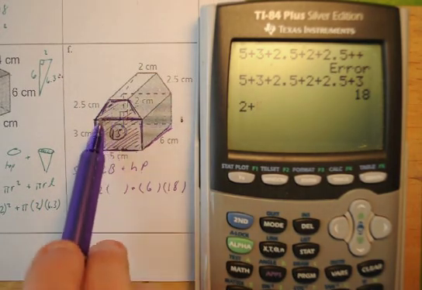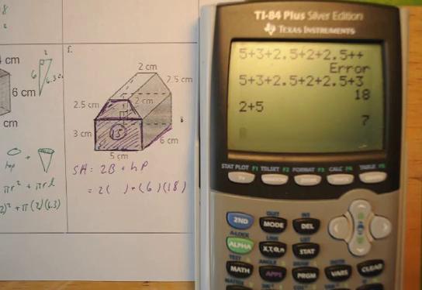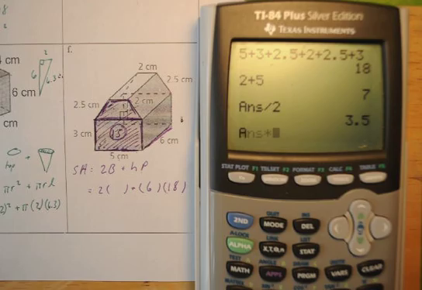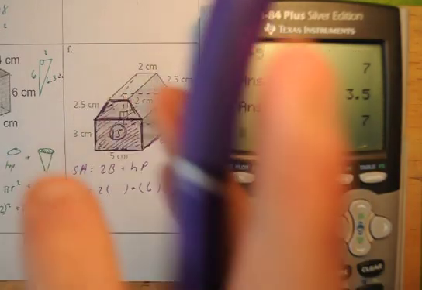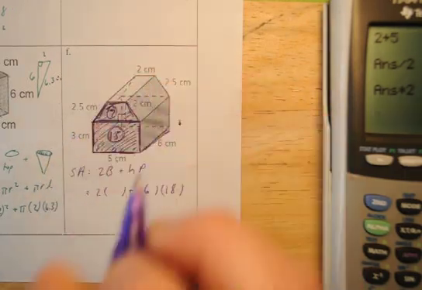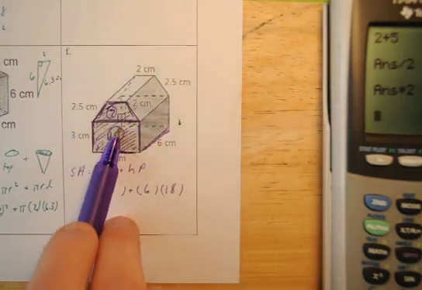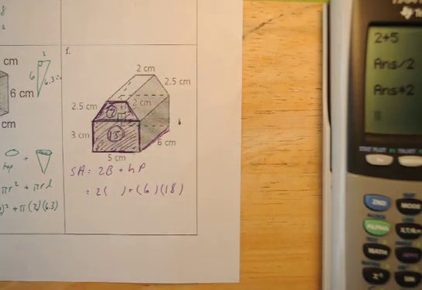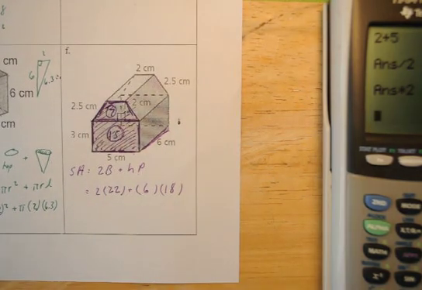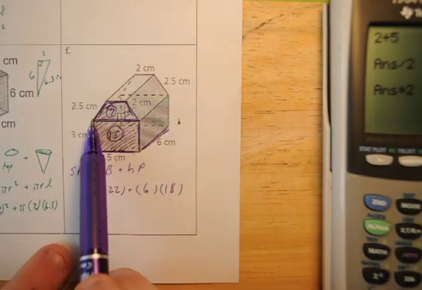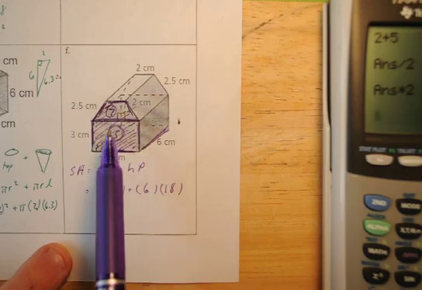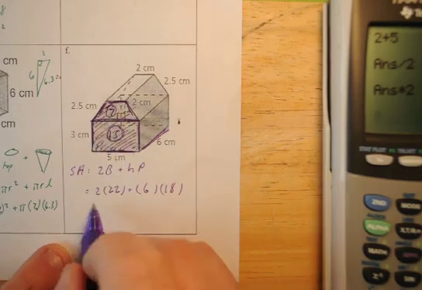So 2 plus 5 divided by 2, that's the average of the bases, times the height, which is 2. So this has an area of 7. Going kind of quickly, but that's the area of a trapezoid, area of a rectangle. When you add those together, you get 22. So there it is. The area of this base is a rectangle plus a trapezoid, which is 15 plus 7, which is 22.